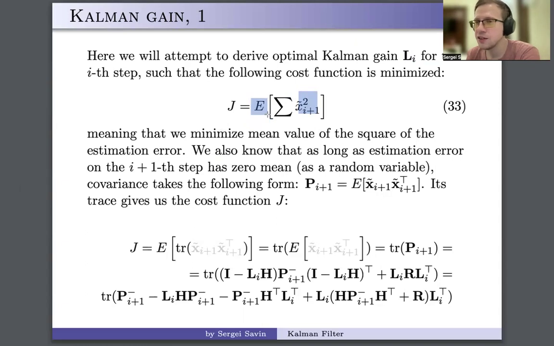And I want to minimize expectation of this. It would be pointless to try to minimize x sub i itself, because we don't know what it is. It is an uncertain variable. It doesn't make sense to try to minimize the variable itself. What we can minimize is its expectation, so its mean. That would make sense.